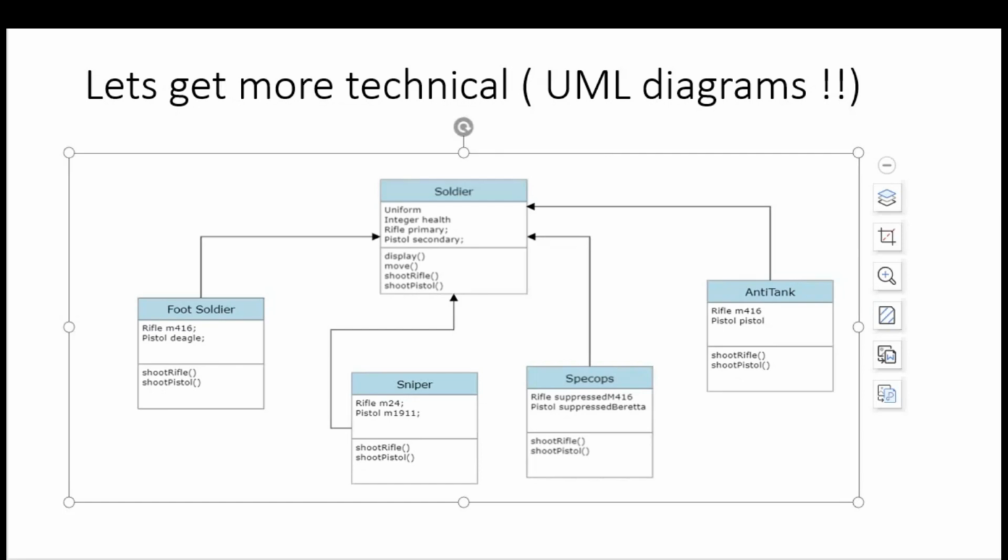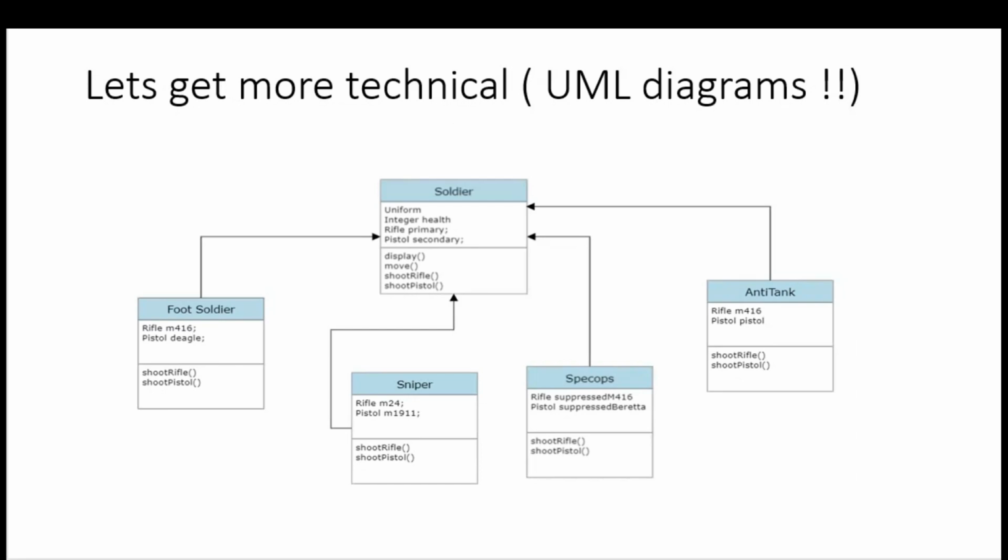To make things simple, we are going to keep the behaviors and the attributes to a minimum. Let's say our soldier is going to have a uniform that defines which country or faction he is from. Let's say he's going to have an integer health, which determines the health of the character in the game. Then, of course, since it's a soldier, he's supposed to have a weapon. Let's say he has a primary weapon and a secondary weapon.